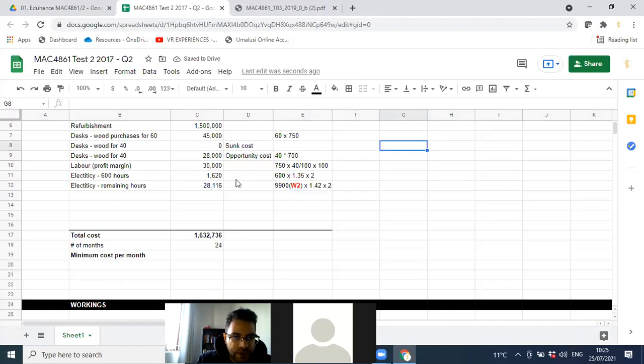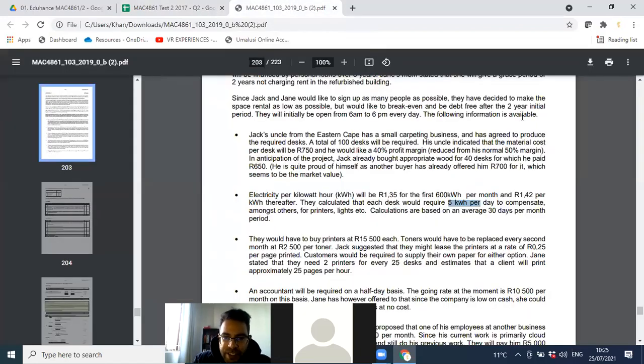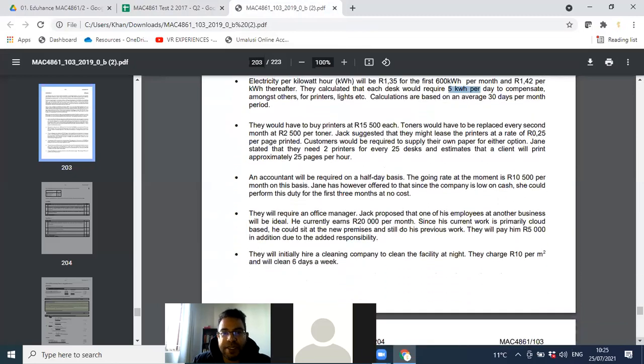Now we're going to go to the next bullet point. What's the next one now? Here's the printers. They would have to buy printers at 15,000 Rand each. Toners have to be replaced every second month at 2,500 Rand per toner. Jack suggested that they might lease the printer at the rate of 25 cents per page printed.